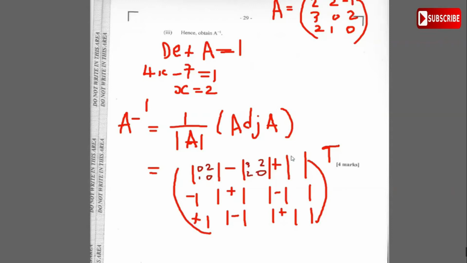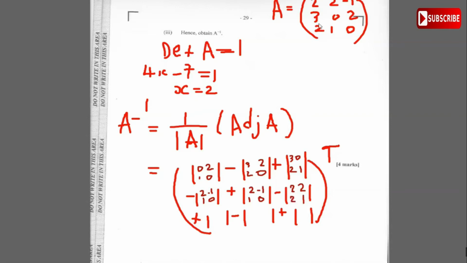Just want to make sure. 3, 0, 2, 1. Let's expedite the process a little bit. Cross here, we're going to get 2 minus 1, 1, 0. For this one now, cross here, 2 minus 1, 1, 0. Going for the final one here, cross here, it's 2, 2, 2, 1.